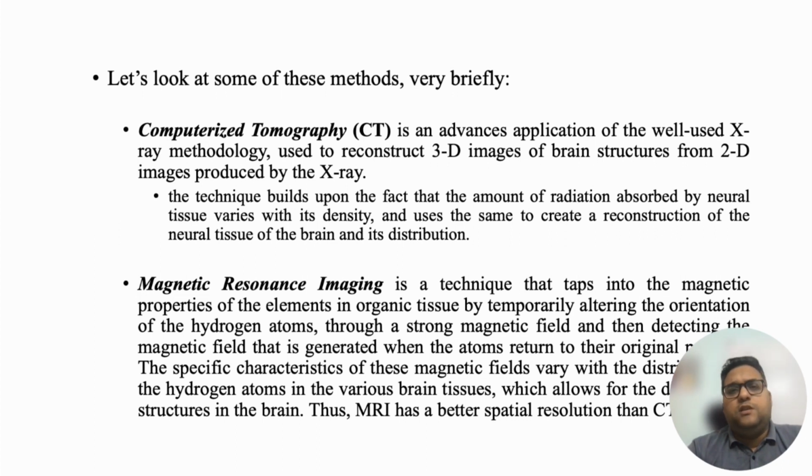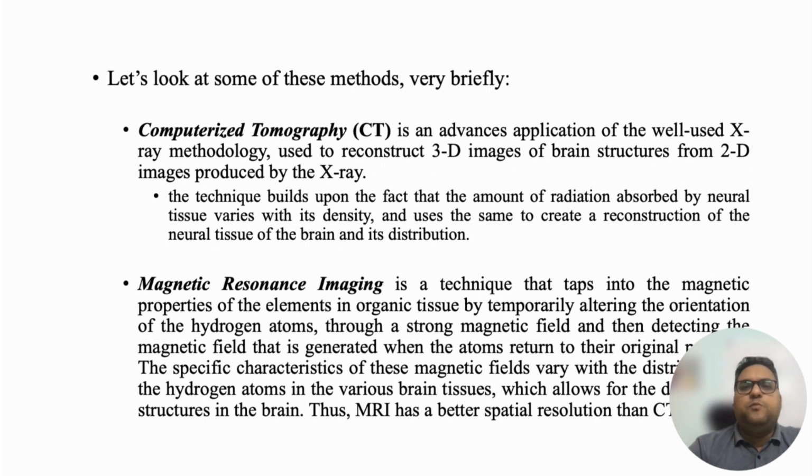Computerized tomography. Now, computerized tomography is an advanced application of the well-used X-ray methodology, which is used to reconstruct three-dimensional images of brain structures from two-dimensional images produced by the X-ray. Typically, this technique builds upon the fact that the radiation absorbed by the neural tissue differs with respect to its density and distribution across the brain.